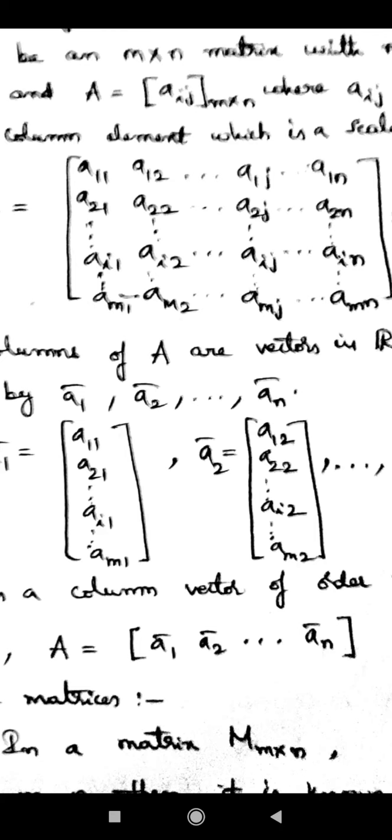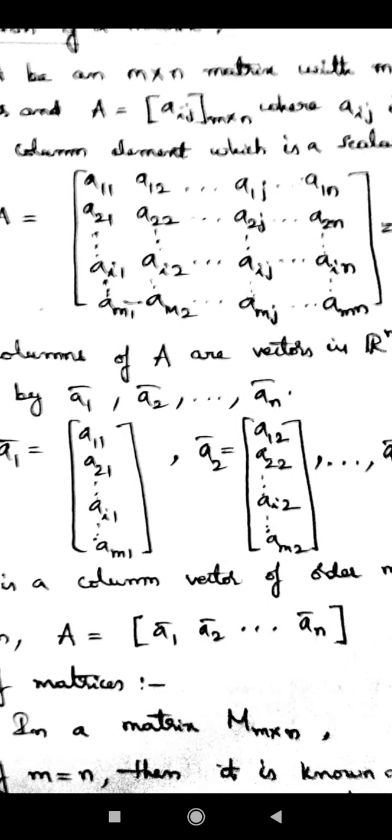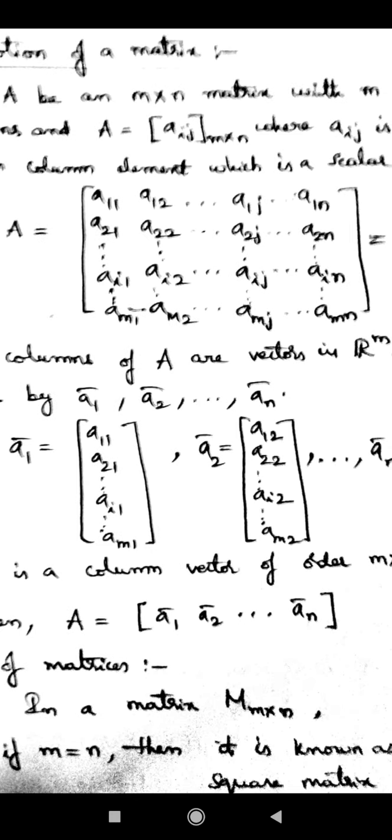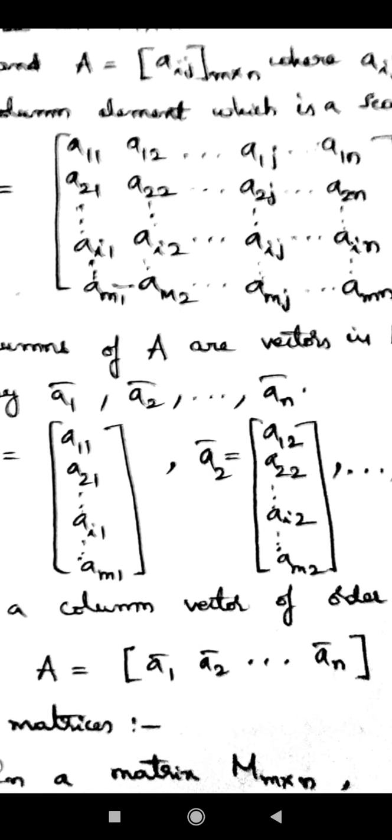The columns of a matrix A can be represented as column vectors like A1 bar, A2 bar, so on, An bar. This is the new thing for you. The whole other part you have already studied in your earlier classes, except this representation of a matrix's columns as column vectors.